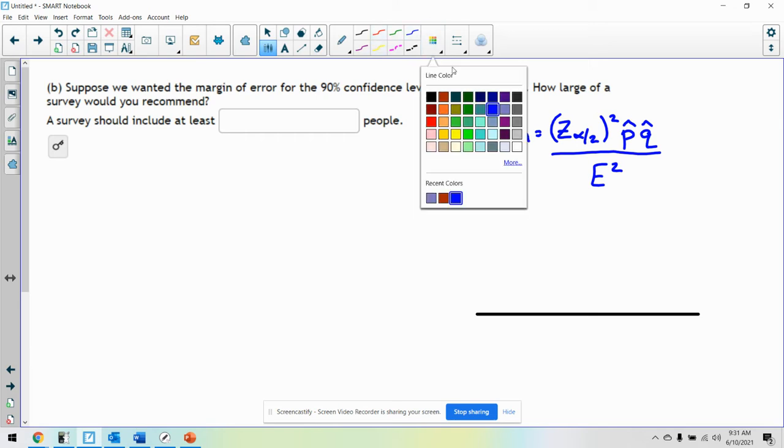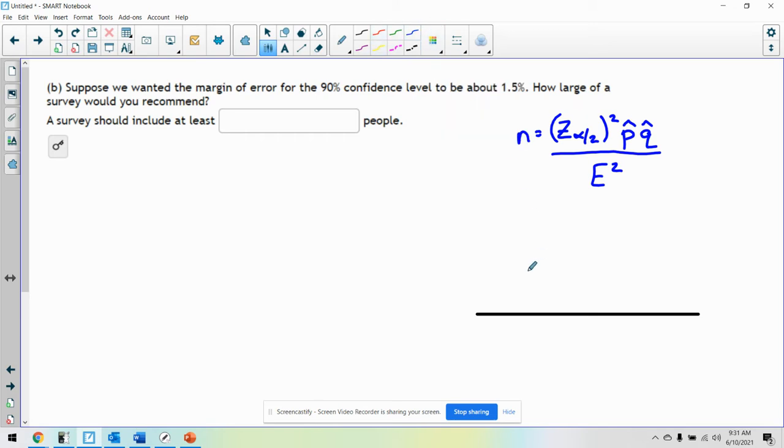The first thing I want to find is the z of alpha over 2. So if we're looking for 90% confidence, that means I'm looking for the z value that cuts off the middle 90%, or the bottom 95%.